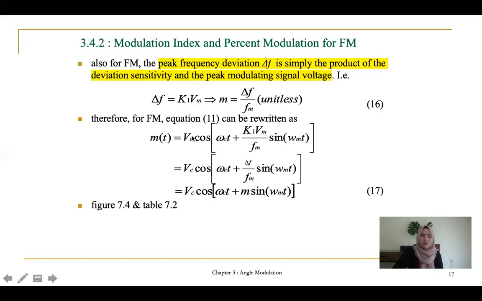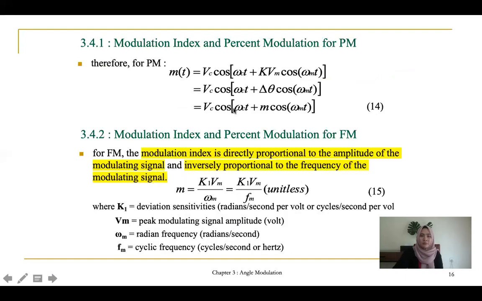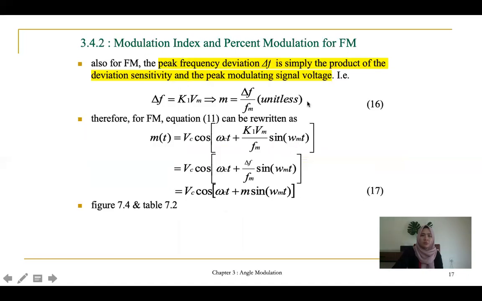So m here will become delta F over Fm. Why? Because this k1Vm is equal to delta F. So you can also write the modulation index equals delta F over Fm.